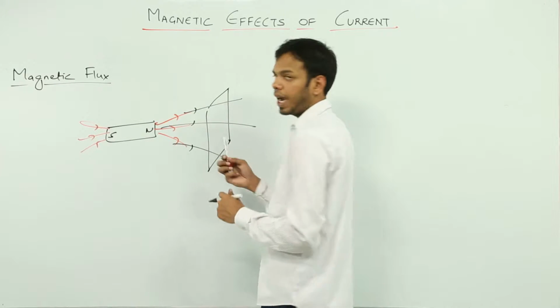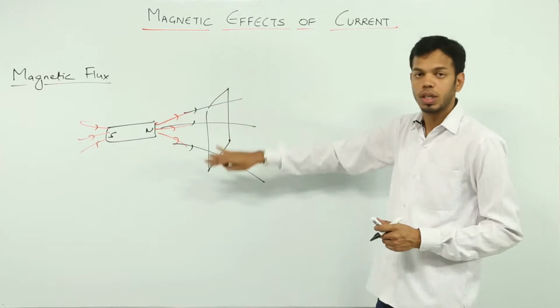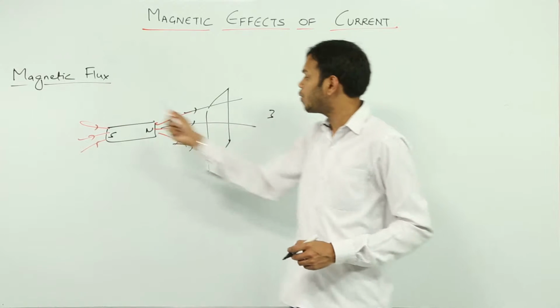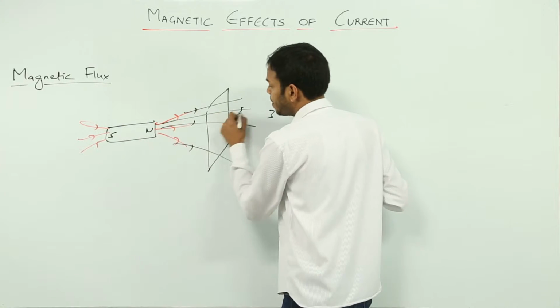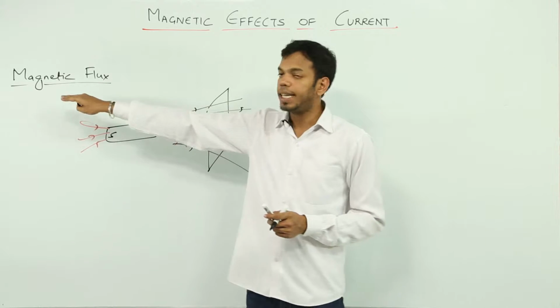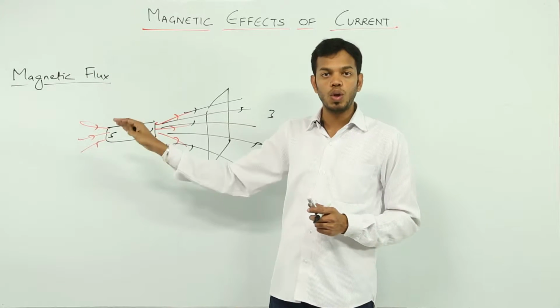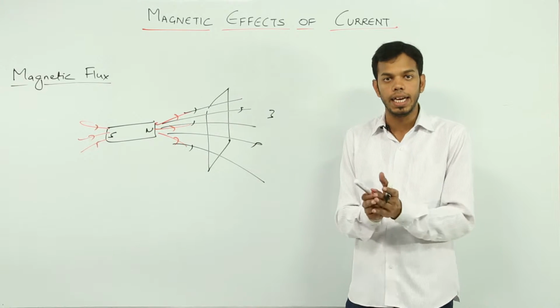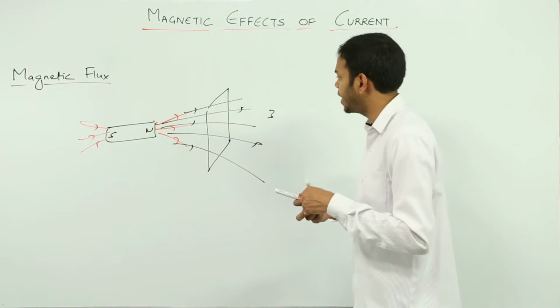What are the magnetic lines of force passing through this area? Right now it is 3. So magnetic flux is equal to 3. Suppose 5 lines are passing, so magnetic flux is 5. So what is magnetic flux? It is the number of magnetic lines of force which are passing through a defined area. Number of lines of force passing through a defined area.